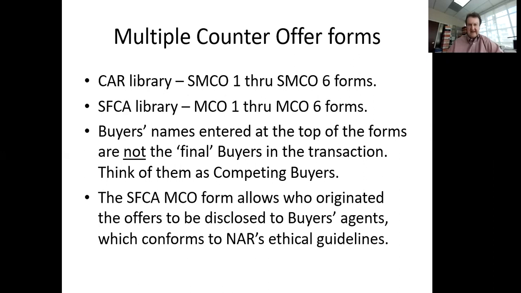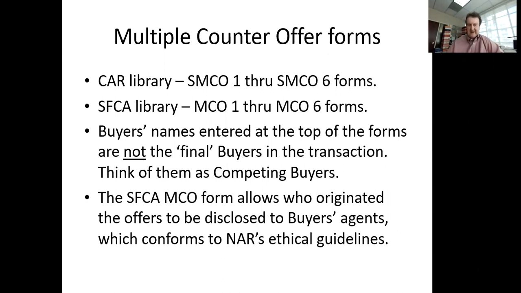And the buyers' names entered at the top of the forms are not the final buyers in the transaction. zipForm allows for a buyer 1 and a buyer 2, and a seller 1 and a seller 2, and that's it. But years ago, I worked with the ZipLogix programmers to figure out how to get multiple buyers into the same transaction to overcome that limitation.